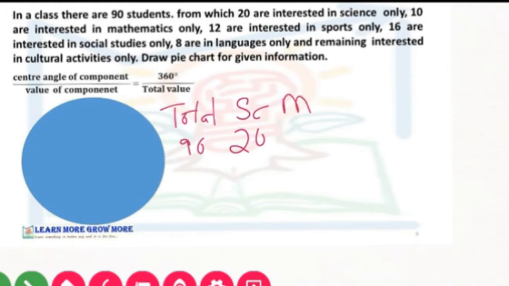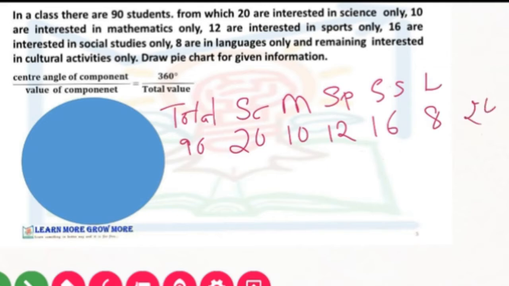Mathematics, 10 were interested. 12 are interested in sports, and 16 are interested in social studies, I'll take it as SS. And 8 members are interested in languages. And remaining, how many are remaining? The remaining 24 are interested in cultural activities.